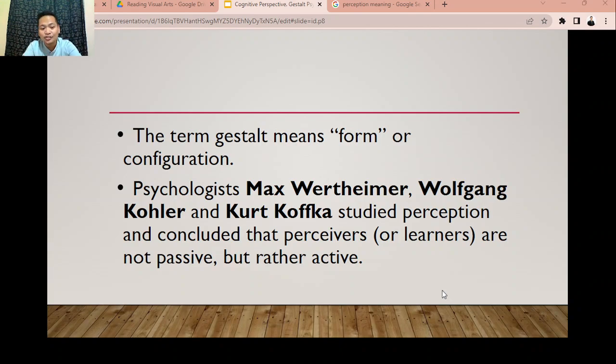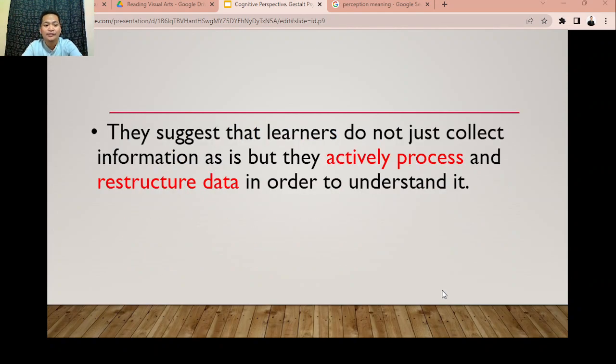They restructure data. It's not spoon feeding, as we say, because by simply looking at the picture they already form ideas. So this suggests that learners do not just collect information as it is, but they actively process and restructure data in order to understand it.